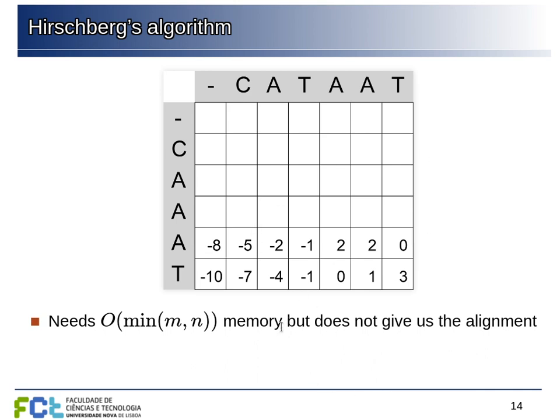So this, instead of taking m times n memory, takes on the order of the smallest number between m and n. And this is a lot less memory that we need for the alignment, so it allows us to align large sequences. But the problem we now have to solve is how can we get the actual alignment, since with this way we only have the score.